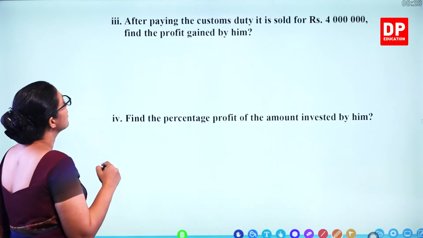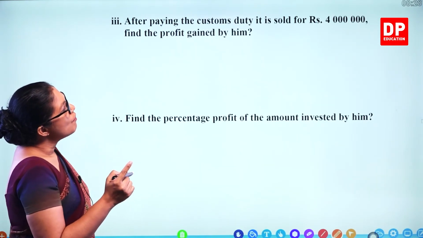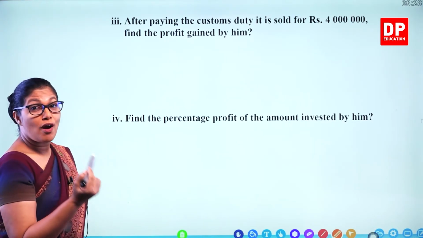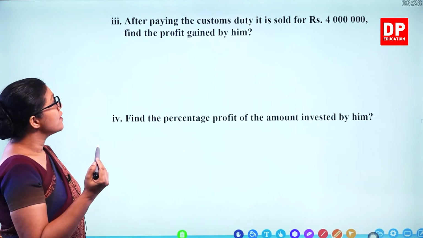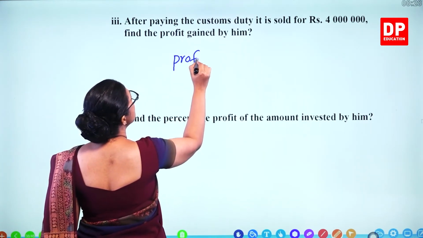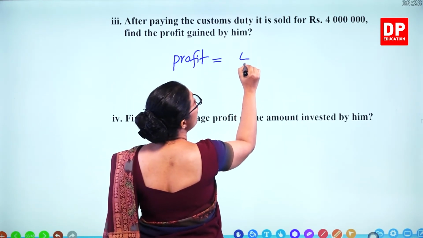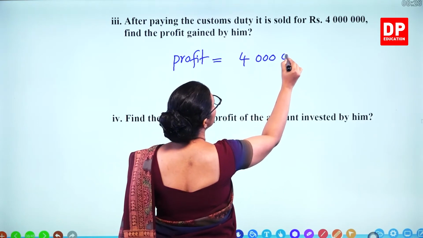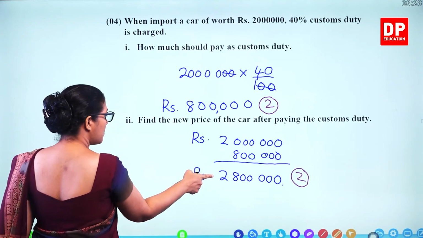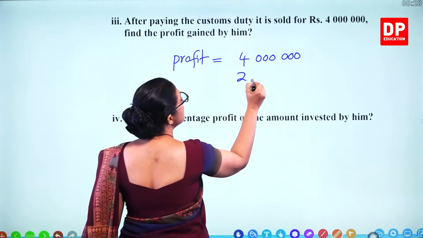Next part. After paying the custom duty, it is sold for 4 million and the profit gained by him. So you are asked to find out the profit. Profit is the difference between the 2 values. So sold it for 4 million, but after paying the custom duty, 2,800,000.